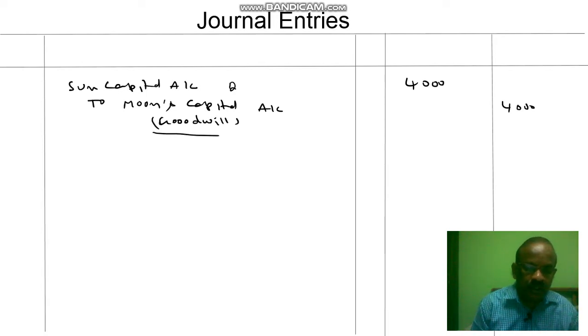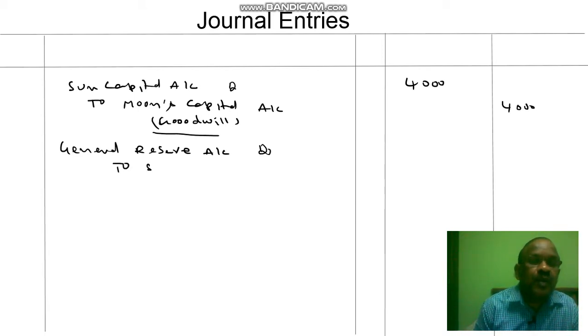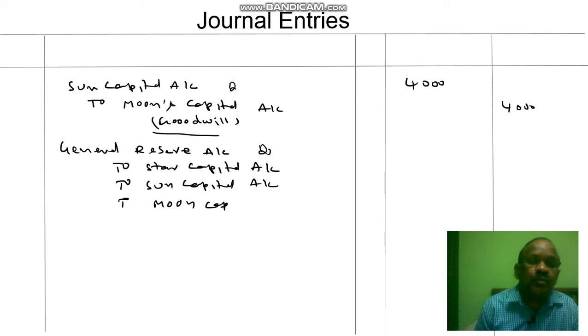Next one is the general reserve account. General reserve account, debtor to all the partners' accounts, that is Star capital account, Sun capital account, Moon capital account.